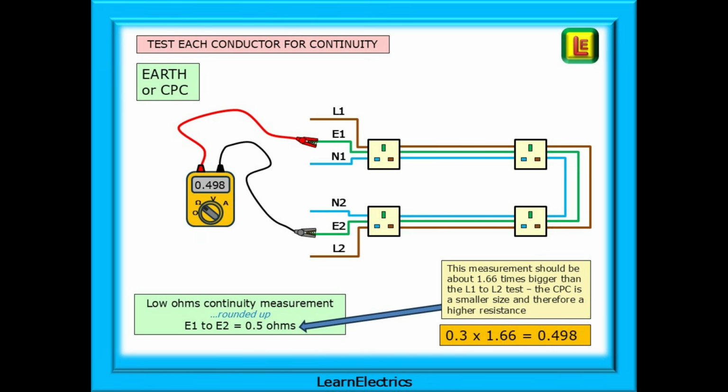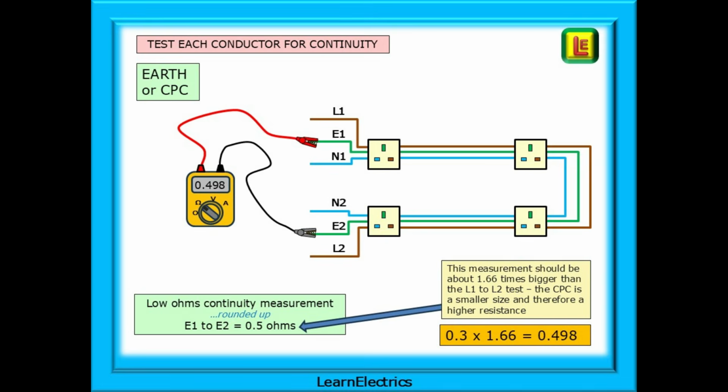The CPC is a smaller size conductor and therefore it will have a higher resistance. Doing the maths, if we put this into a calculator, 0.3 multiplied by 1.66 is very close to 0.5 ohms. We will look at other cable ratios of line to earth resistances later in the video, and trust me, it's easy.